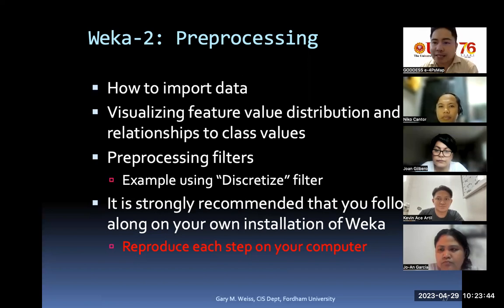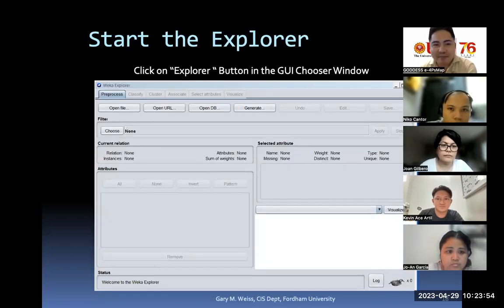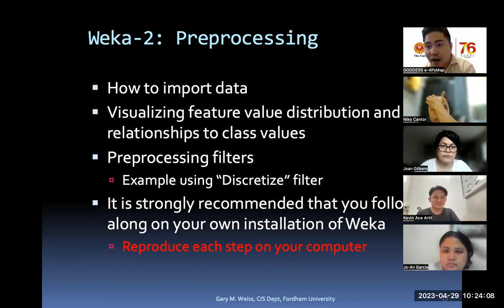Okay, but I would appreciate if you take down notes later, para at least something. So first, we will again be recapitulating our procedures in importing our dataset. So it includes how to import your dataset. If your data is saved as an ARFF file, it would be easier for you to just import it because the default file format for Weka is an ARFF file.